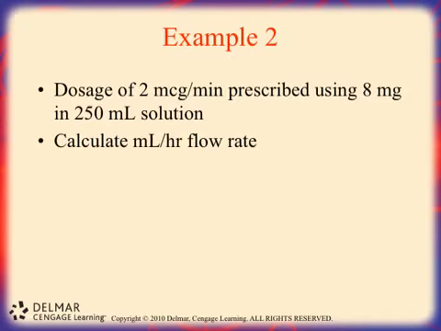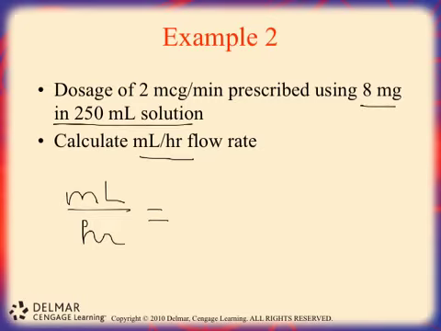Now this one is going to be the same way. It's telling us to calculate our milliliters per hour, so we're going to start with milliliters per hour equals, as we'll see on the next slide. But this one, your dosage strength is your 8 milligrams in 250 milliliter solution, and the doctor wants 2 micrograms per minute ordered.